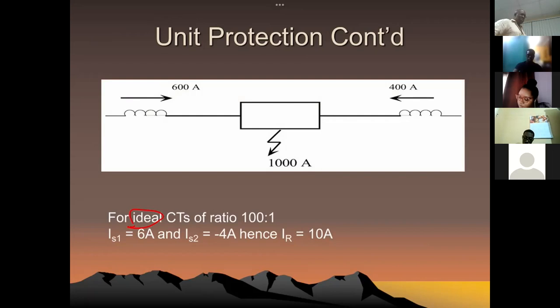We haven't spoken about errors already, but in terms of introduction, we assume here that they are ideal. What they present as an output is based on ideal conditions in terms of their turns ratio. So with this said, because the fault is on the protected unit, you're going to have current flowing into the fault. And so in this case, the relay current would be 10 amperes. All right?